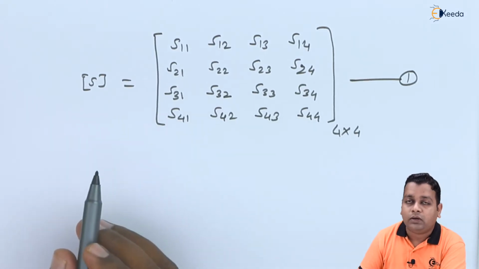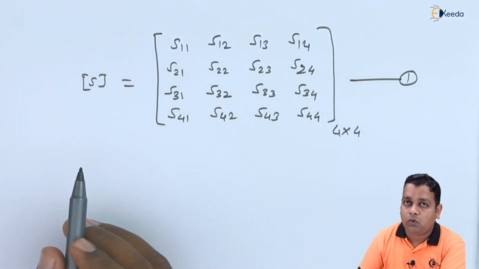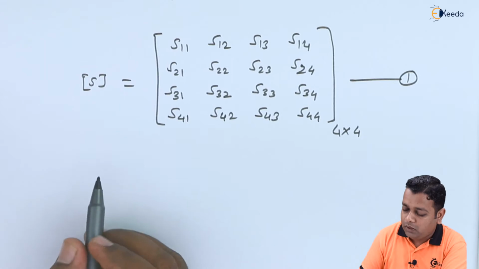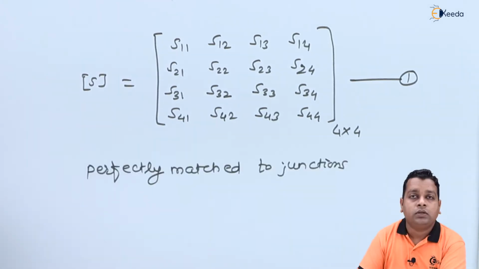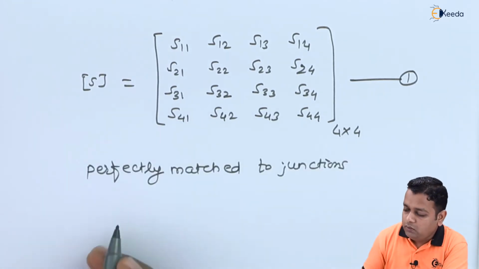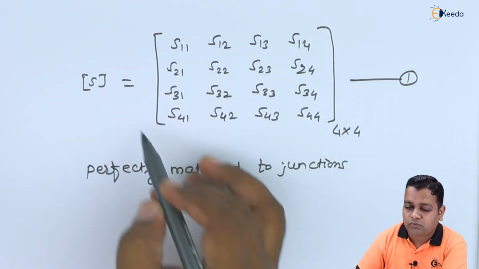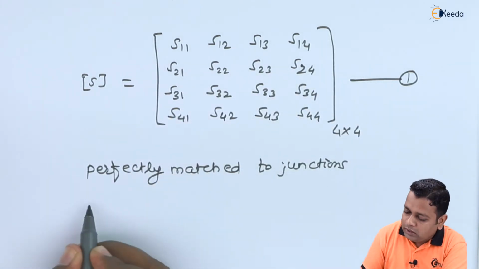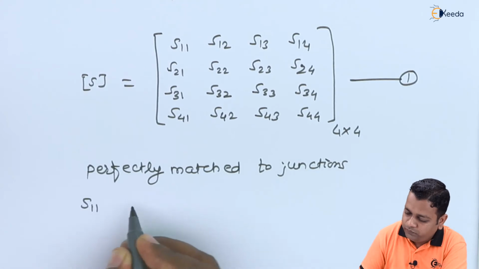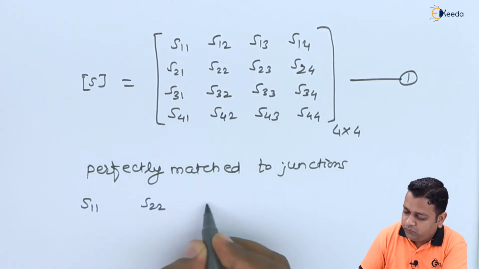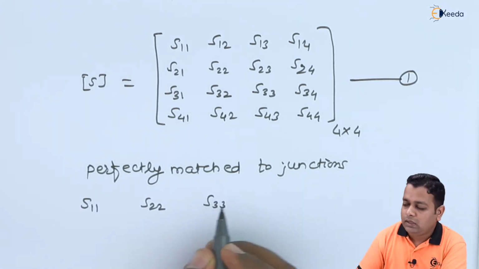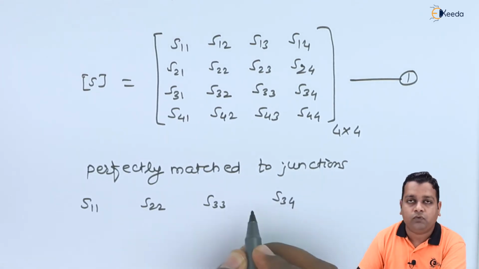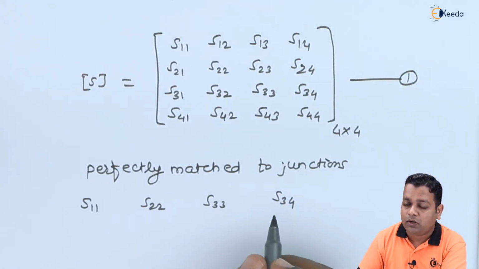Now for the directional coupler, we know that all 4 ports are perfectly matched to the junctions. Therefore, out of the 16 scattering coefficients, S11, S22, S33 and S44 will all be equal to 0.